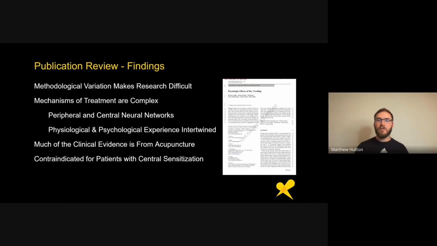Things that they were considering included tissue depth, treatment time, the duration that they're leaving the needles in, the frequency, how often you are doing these different treatments, as well as some of the pain markers and the physiological adaptations. Are we getting increased blood flow, stuff like that? So the methodology of dry needling in and of itself makes it really hard to research.